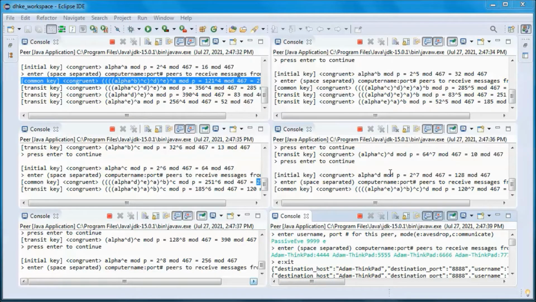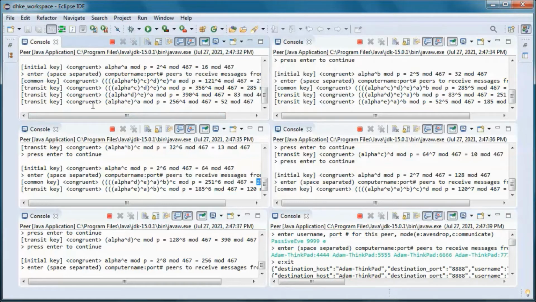And as I mentioned, we are using here deterministic encryption, which can leak information to an eavesdropper peer who may recognize known ciphertext. So for example, let's have Alice.